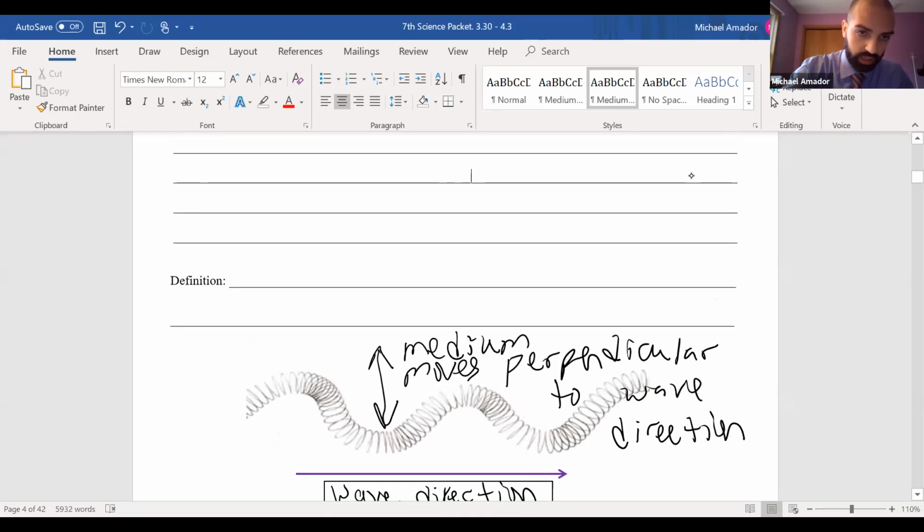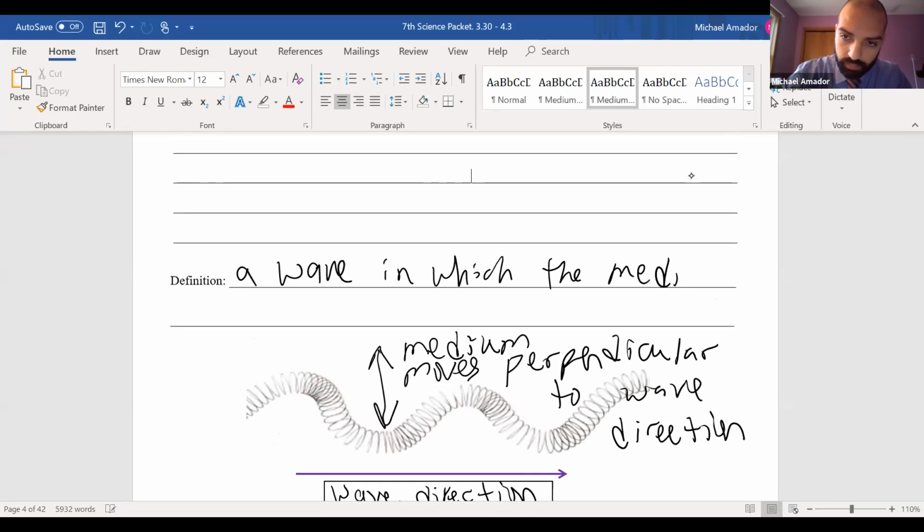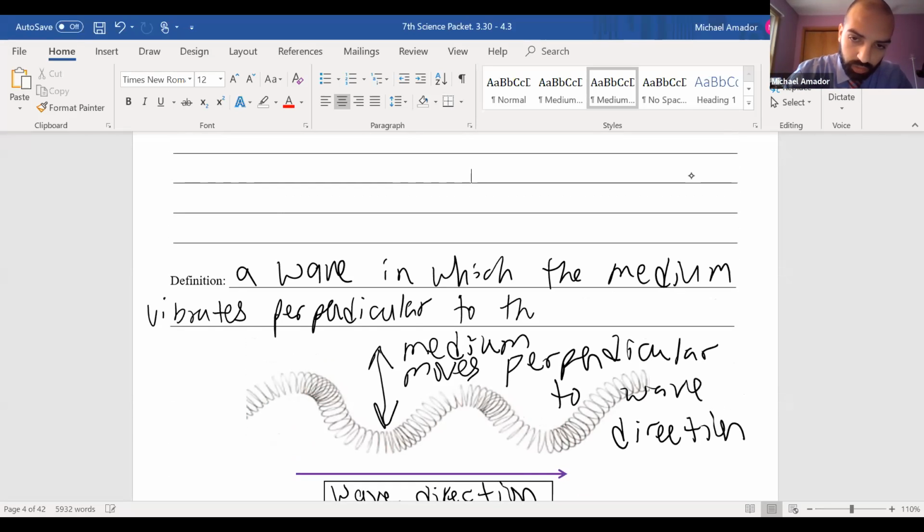The definition is a wave in which the medium vibrates perpendicular to the direction of wave motion.